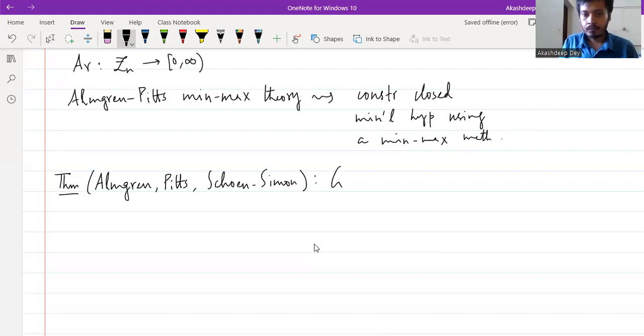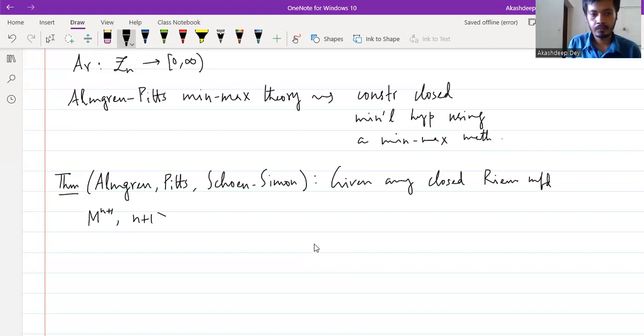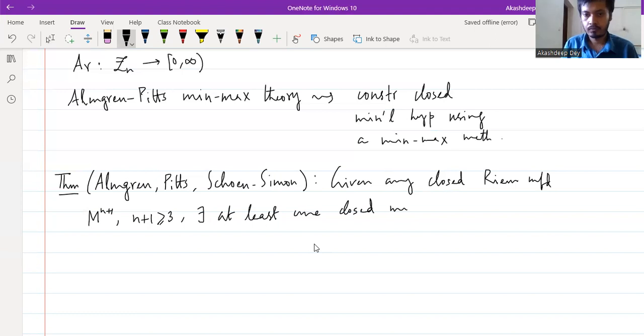It says that given any closed Riemannian manifold M^(n+1), n plus 1 greater than or equal to 3, there exists at least one closed minimal hypersurface in M. So this theorem says the existence of at least one closed minimal hypersurface in M.